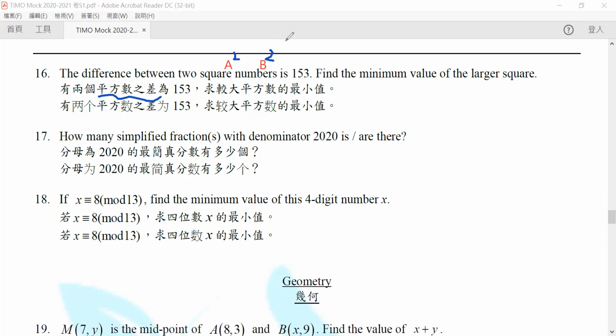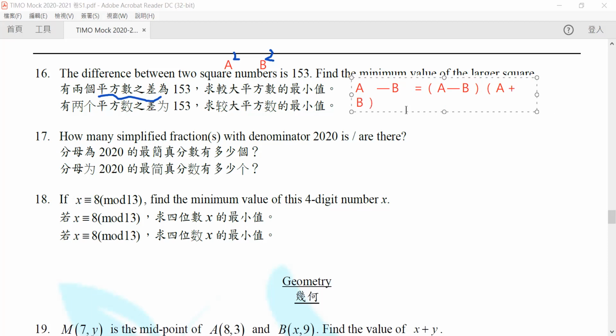Let's write that down. The difference must be equal to a squared minus b squared. But actually, what does that mean? It means we know that there's a formula for this kind of difference. This is actually equal to (a minus b) times (a plus b).